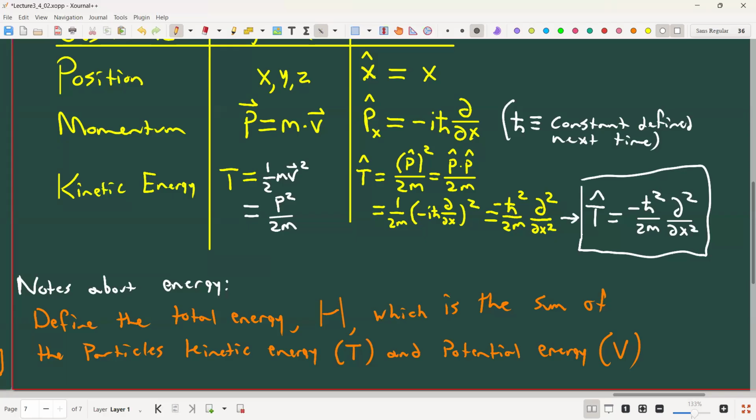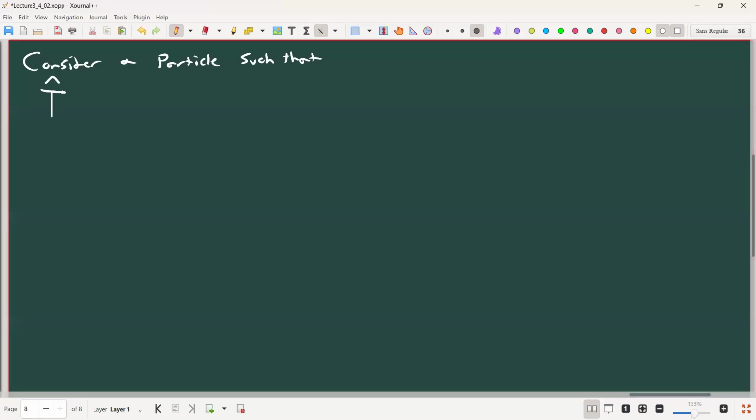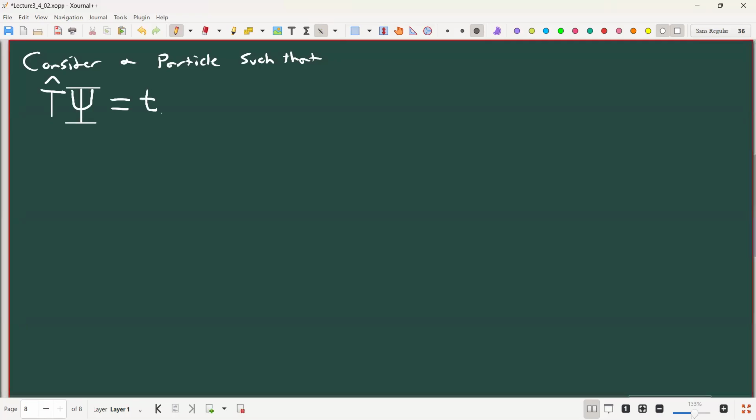And so let's think a little bit about the math of this operator operating on a generic wave function. Let's consider a particle such that when I measure the kinetic energy of it, T psi, I get back some energy T sub E, that's the kinetic energy, times psi.